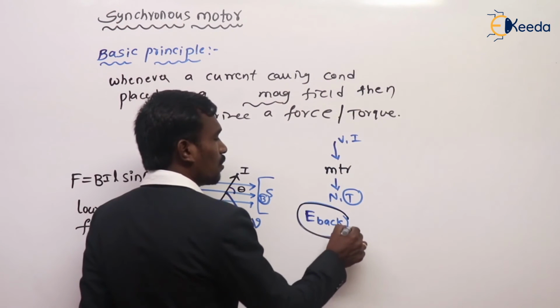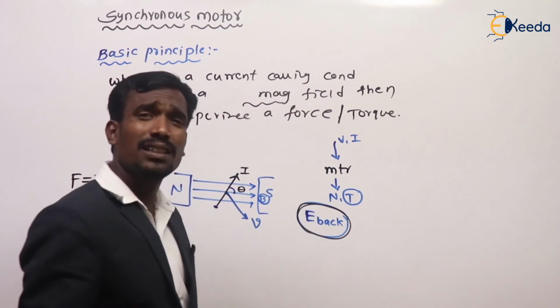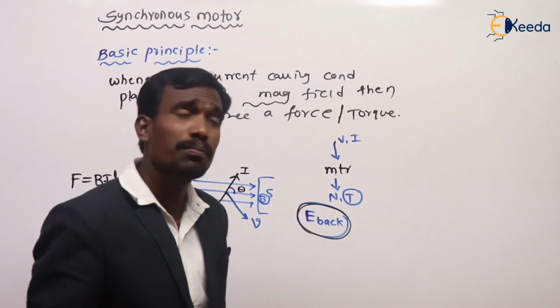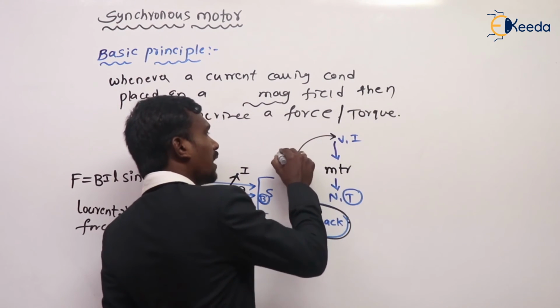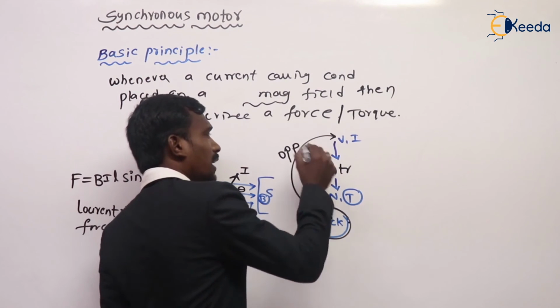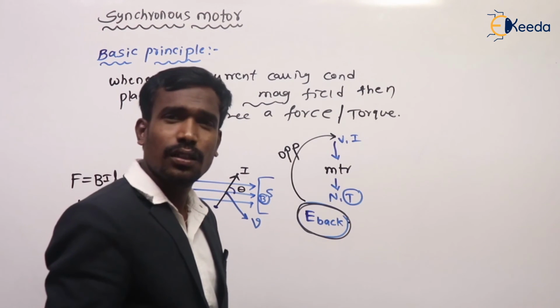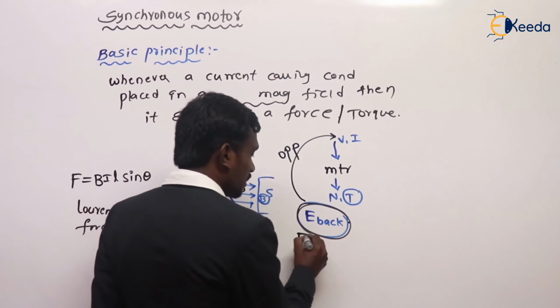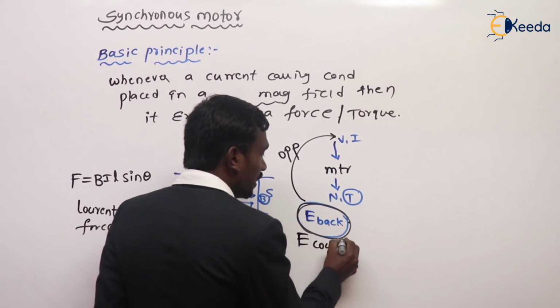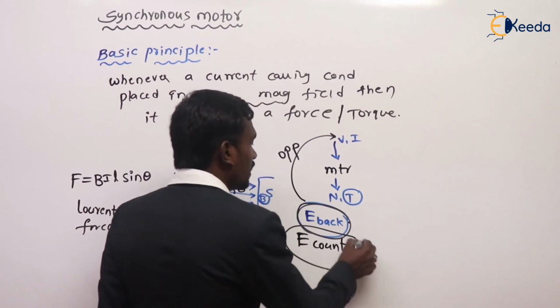That EMF is called back EMF. Why is it called back EMF? Because this EMF acts in the opposite direction to the supply voltage. That's why this is called counter EMF or back EMF.